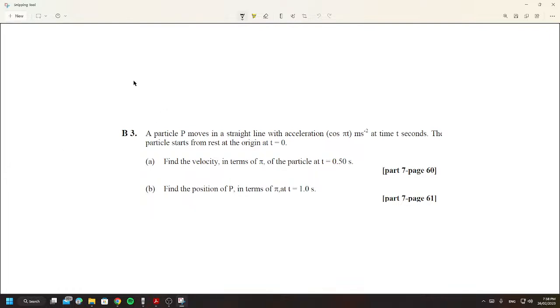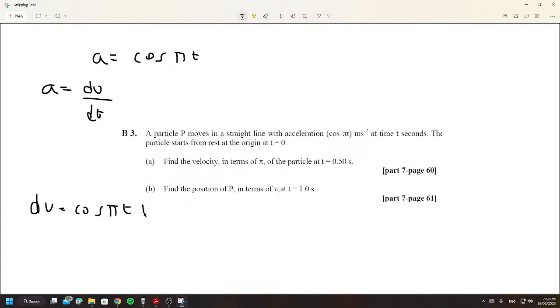So acceleration is equal to cosine pi t. Acceleration is equal to dv over dt. So dv is equal to cosine pi t dt. Now we integrate.